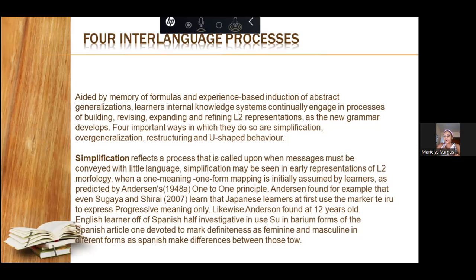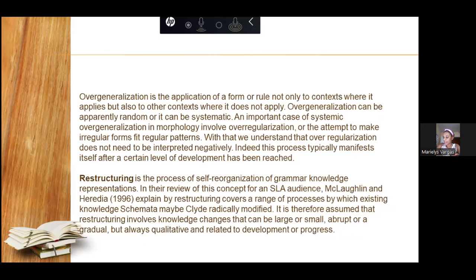U-shaped behavior typically manifests itself as a part of restructuring, and the process is defined by a form being reestablished at a later stage.